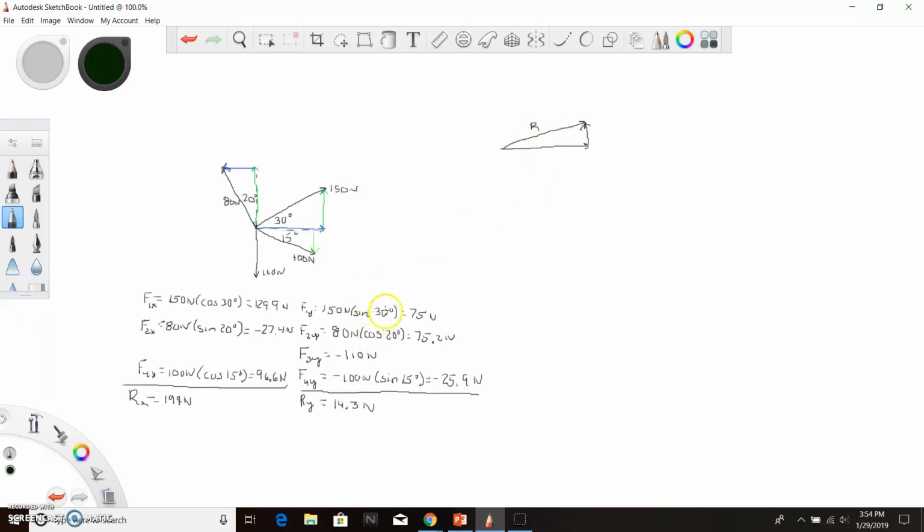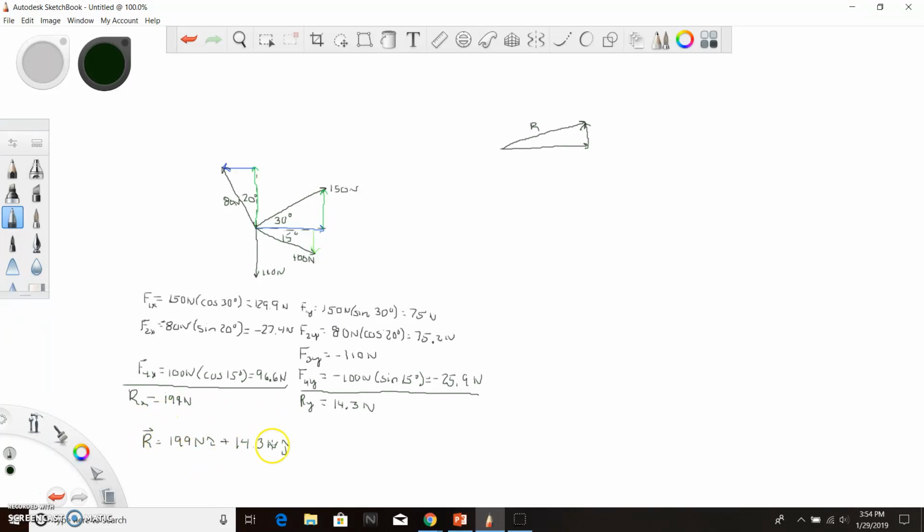If I put this in Cartesian vector notation, I could put this vector, I'm talking about vector r, and say 199 newtons i hat plus 14.3 newtons j hat.